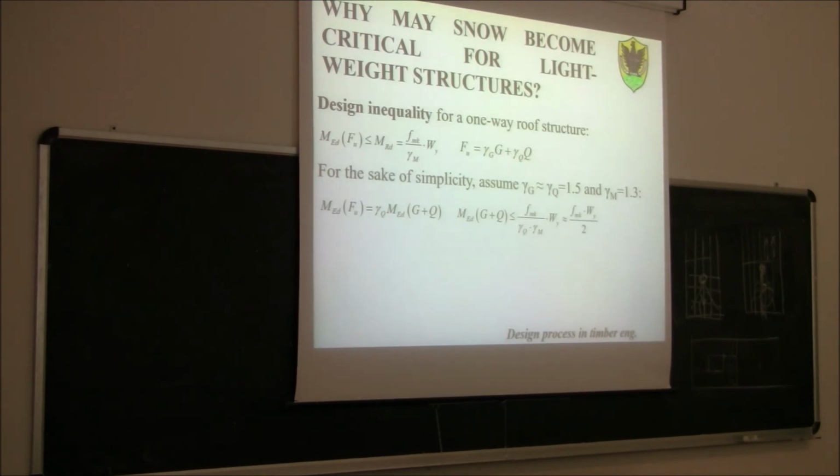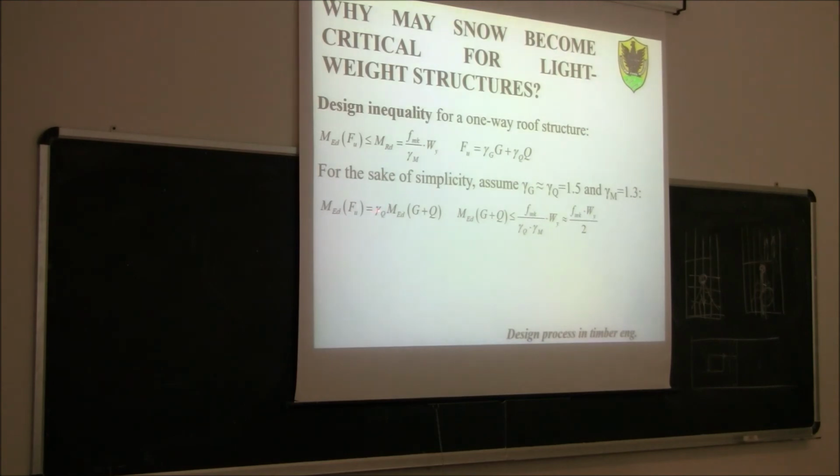Okay. And now, look at this design inequality. We said that MED can be written as gamma Q times MED as a function of G plus Q. So this one is not MED times, this is MED as a function, okay, not times.